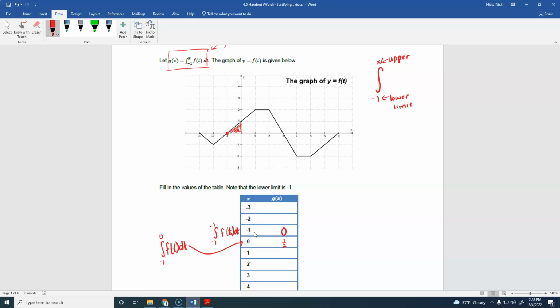All right. Then what about from -1 to 1? 2. What about from -1 to 2? 4. What about to 3?